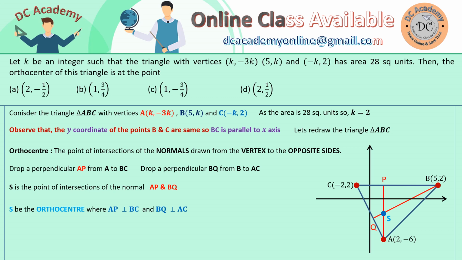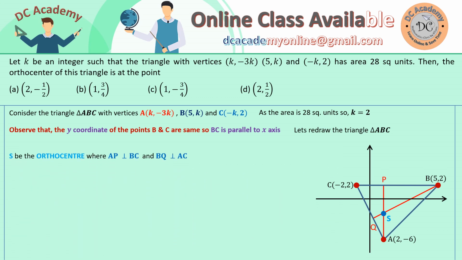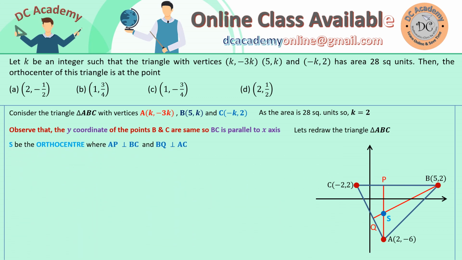Now we need to find only the last step, that is how to calculate the coordinate of S. So let's go ahead. How do we find the point S? To find the point S, we can easily understand that it is the point of intersection of the straight lines BQ and AP.